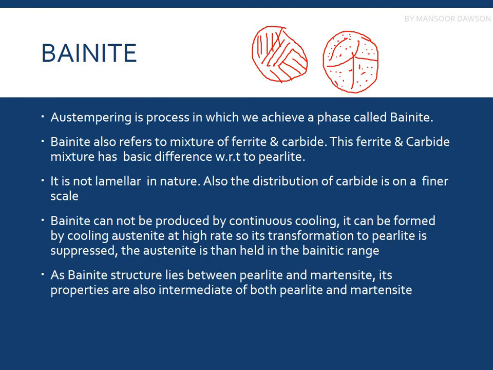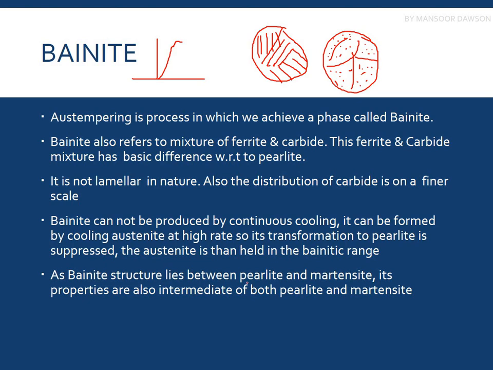It can be formed by cooling austenite at a very high rate. For bainite, we have to cool the austenite at a very high rate, so the transformation to pearlite is suppressed. There won't be any pearlitic transformation. Then the austenite is held in the bainite region, and then it is further cooled.